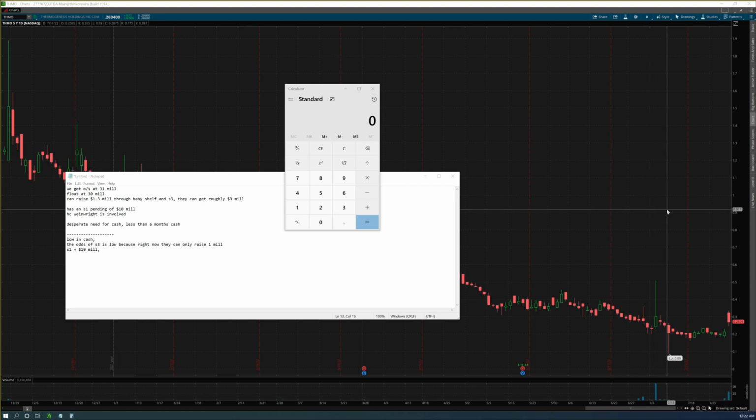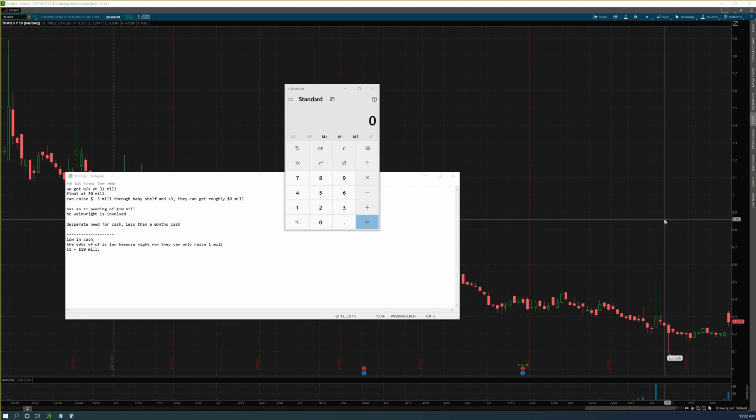But at 90 cents, let's say our thesis develops that they need a higher close. If this company is burning $1.25 million a month and they get a 90-cent close, then they can only raise 2 million.